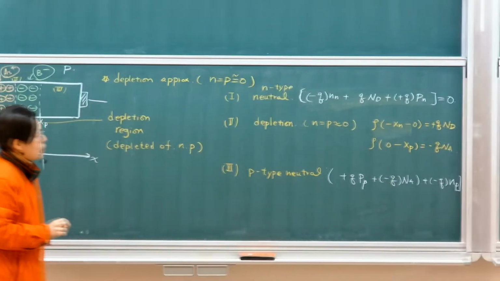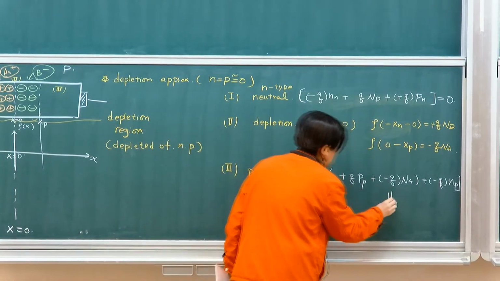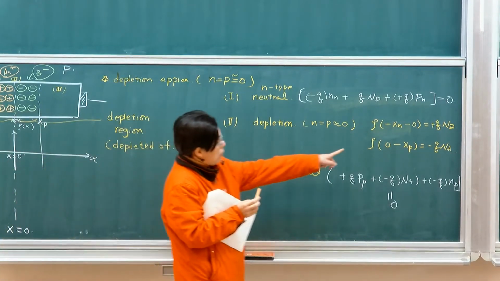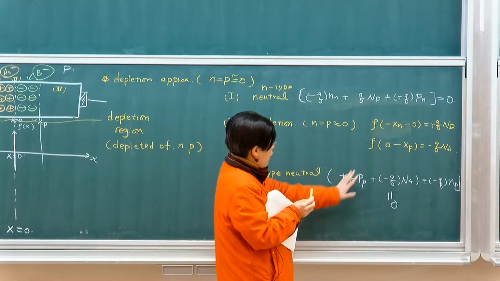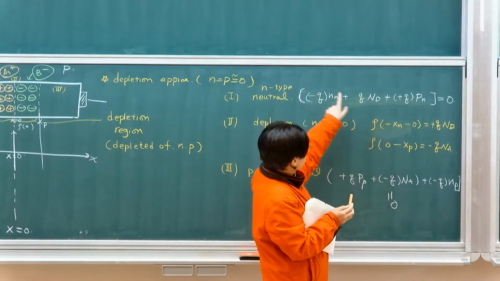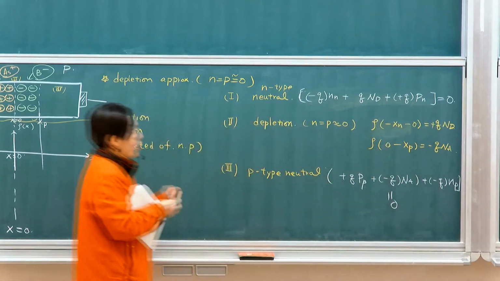Sorry, I just want to make sure I write it right. This equals 0 when it's neutral. So how do I get the level above? When I assume these two are 0, you get this. If you assume free carriers are 0, you get that.